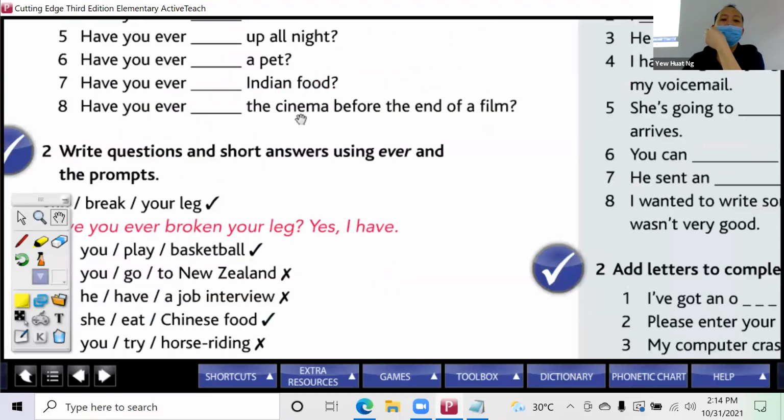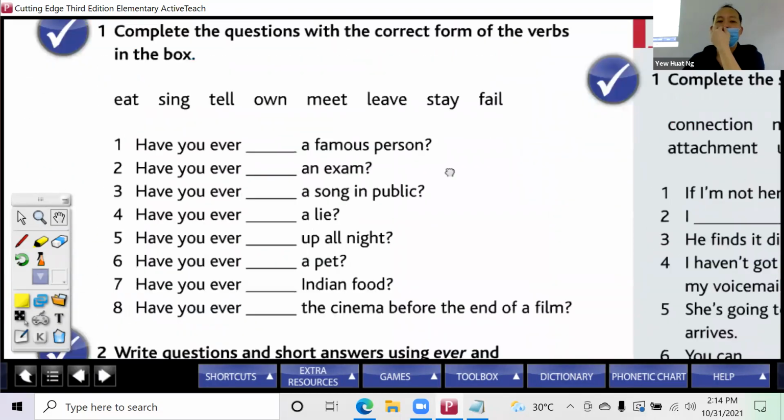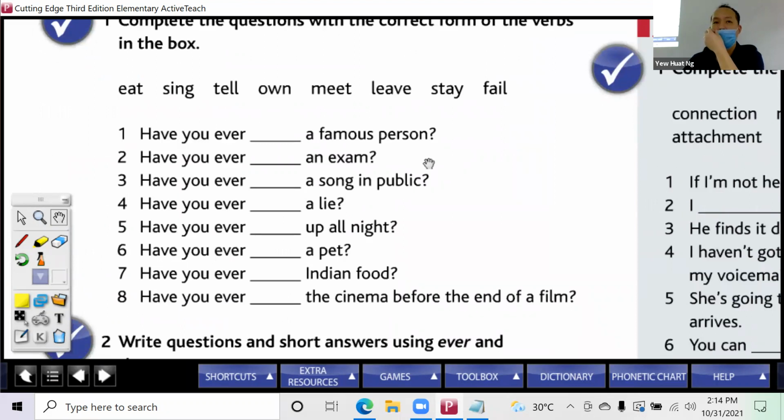Okay, let's continue over here. Let's try this. Please use the correct verbs.